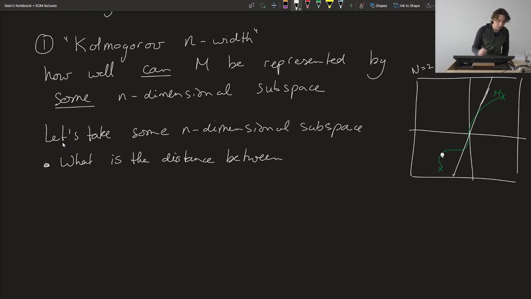What is the distance between some solution u_H, the high fidelity solution, truth solution, which lies in my solution manifold, is a possible solution to my problem for some parameter, and our n-dimensional subspace? So this subspace is called V_n.